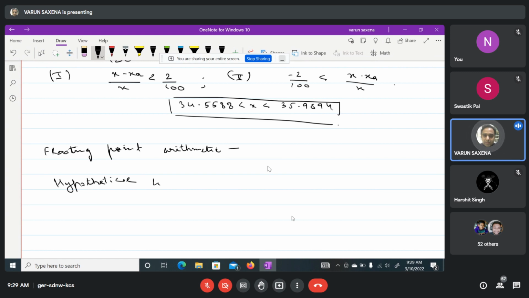So let's assume that there is a hypothetical computer which stores normalized floating point numbers with a 4-digit mantissa.